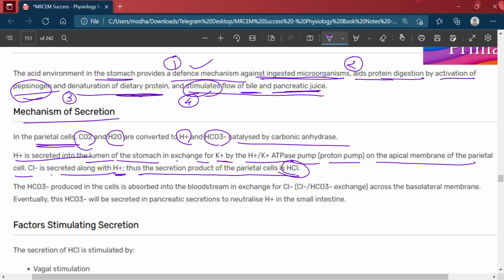Okay, so as we have seen, the CO2 and H2O are converted to H plus and HCO3 minus in the parietal cells.